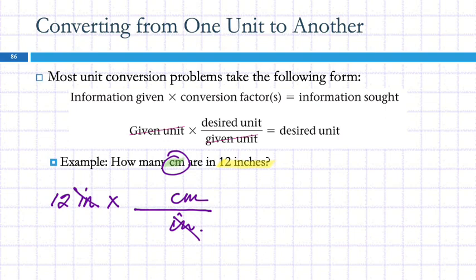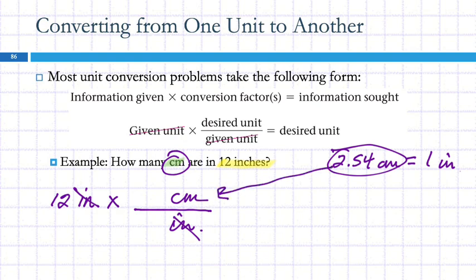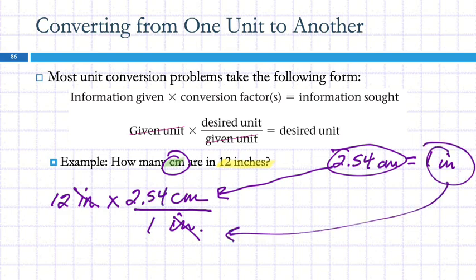Because what we remember is that 2.54 centimeters is equal to 1 inch. So in this conversion factor, whatever is on top of the fraction has to be equal to what's on the bottom. So here we have the centimeter part. Well, by looking at the units, we figured out that part needs to go on top, and this part needs to go on the bottom.